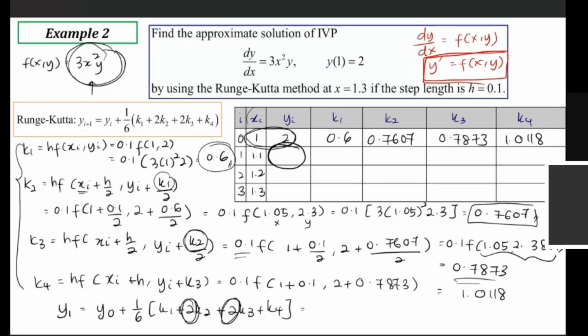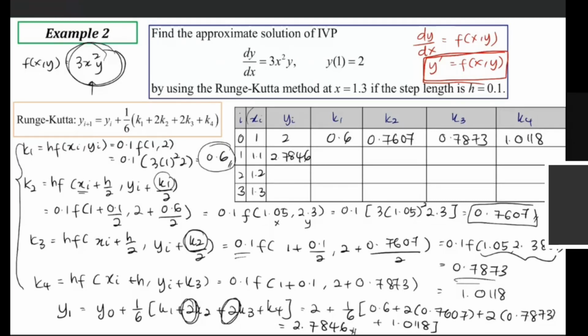Okay, be careful with the 2 here. Sometimes students miss this 2. So Y1 equal to 2 plus 1 over 6 (0.6 plus 2...) equals 2.7846.